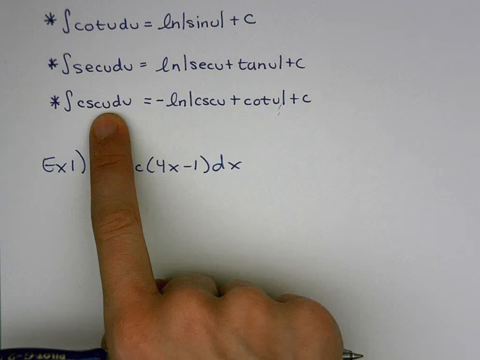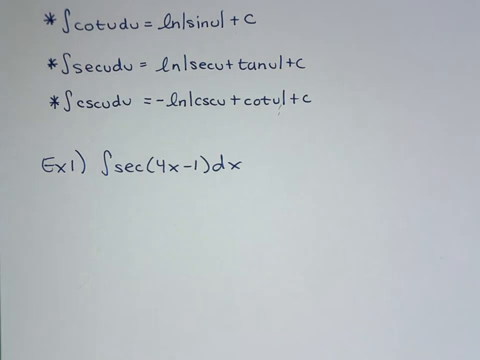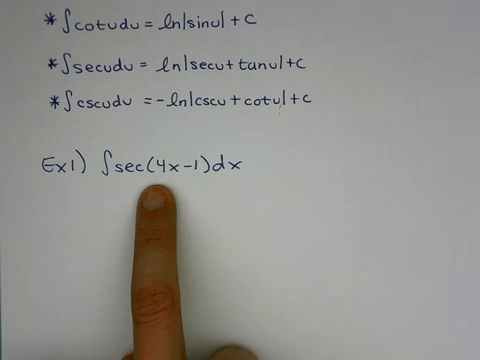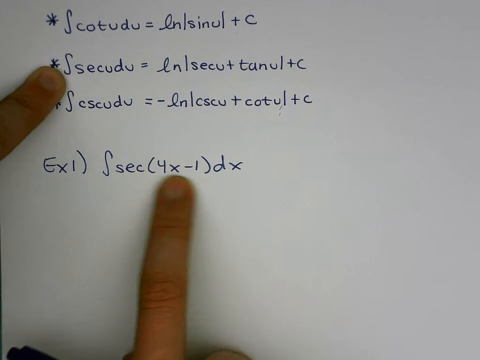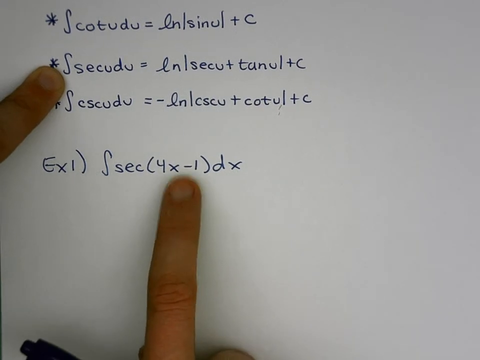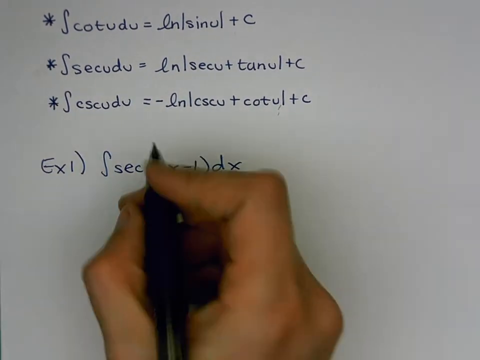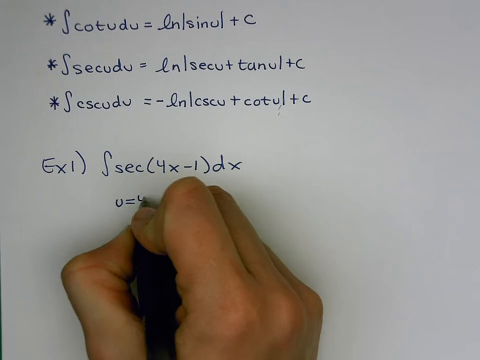Cosecant u, secant u, etc. If there's anything inside my trig with my variable, I have to do a u du substitution on that piece. So for this first example, this looks like it's going to be the integral of secant u rule, but because I have a 4 and a minus 1 inside with my variable, I do need to do a u du substitution on that piece.